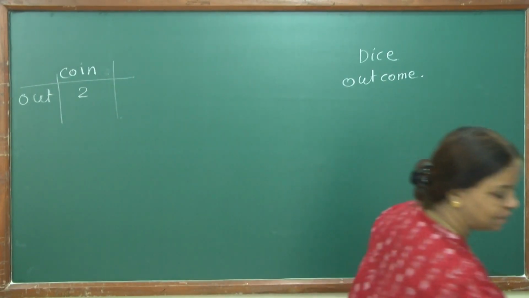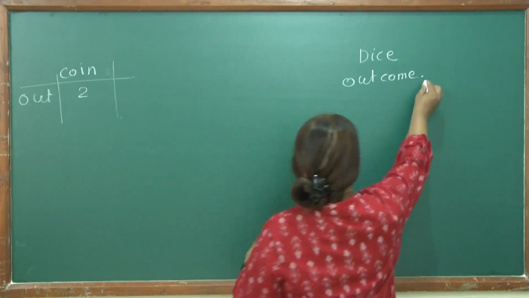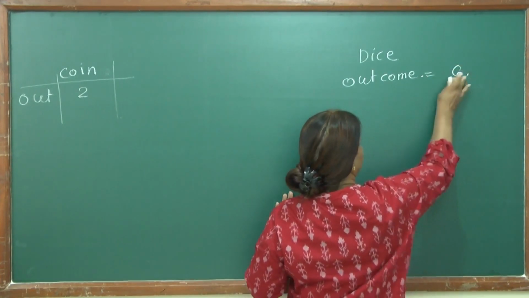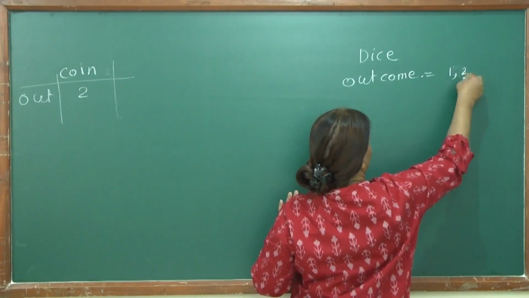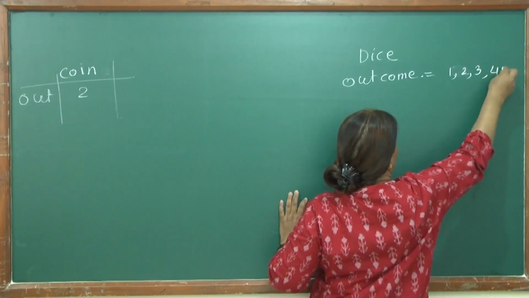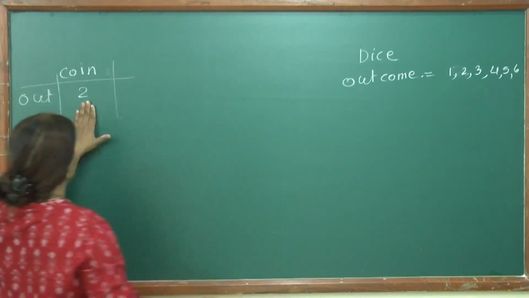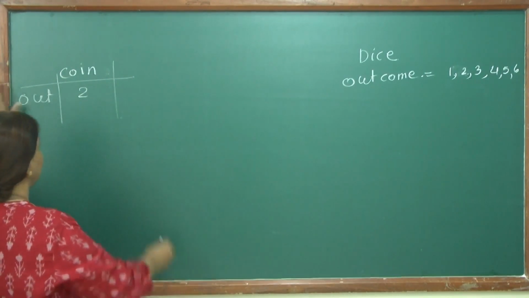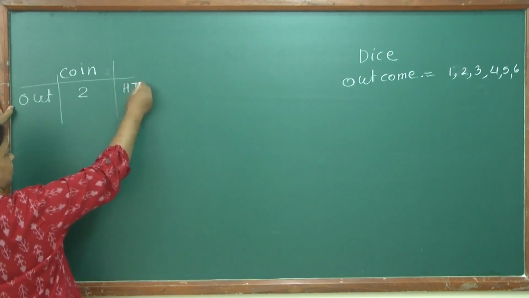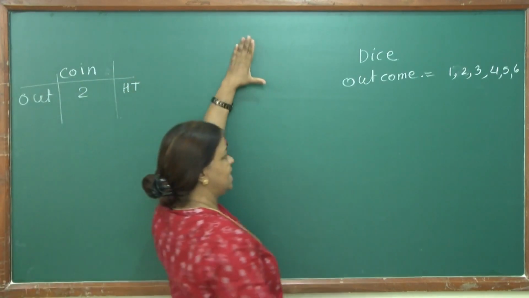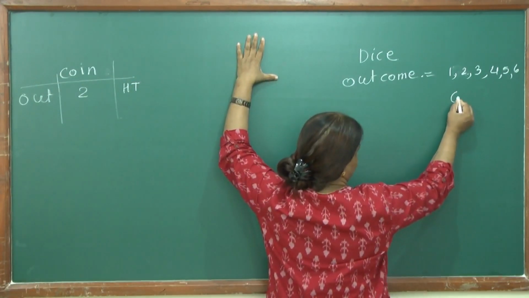How many outcomes can be there? 6 outcomes. That is 1, 2, 3, 4, 5 and 6. In a coin there are 2 outcomes only, head and tail, and in a dice there are 6 outcomes.